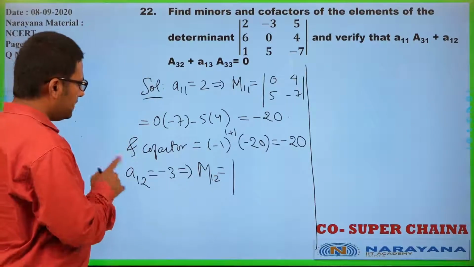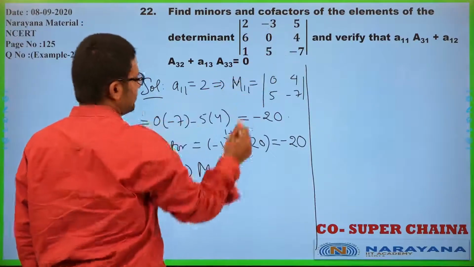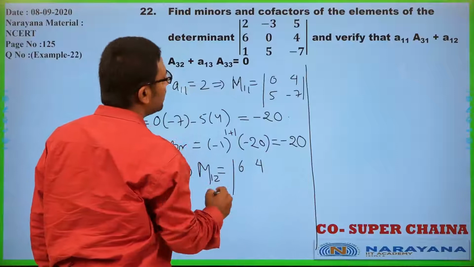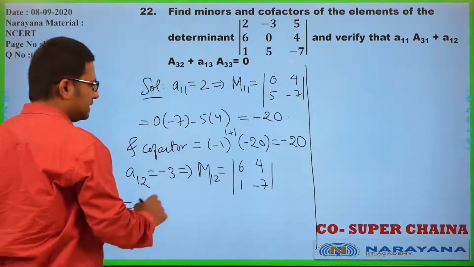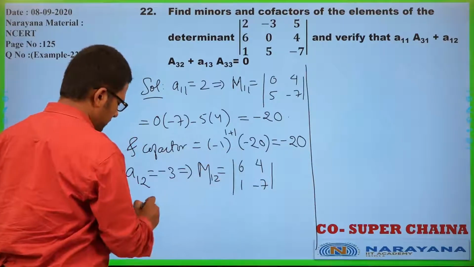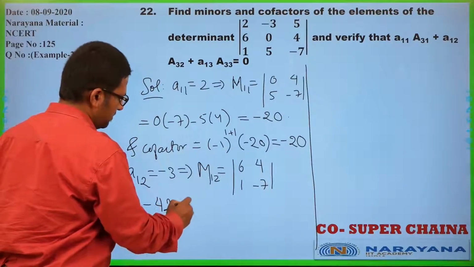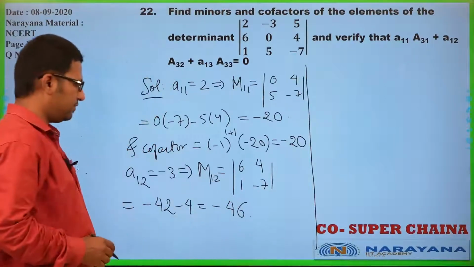Alright, so A12 equal to minus 3, M12 would be, leave that row, that column, so 6, 4, 1, minus 7, which is, can we directly do that now? Minus 42, minus 4, so that is minus 46, right?